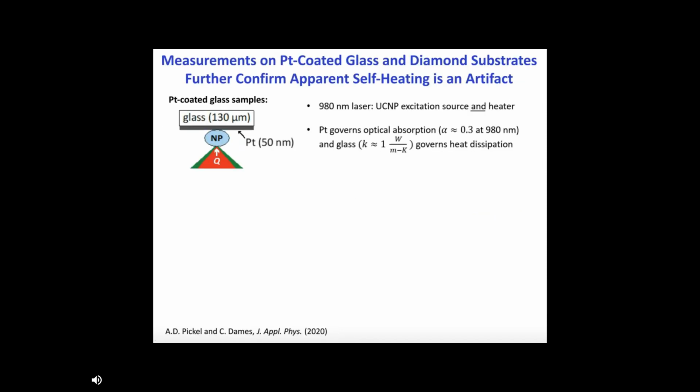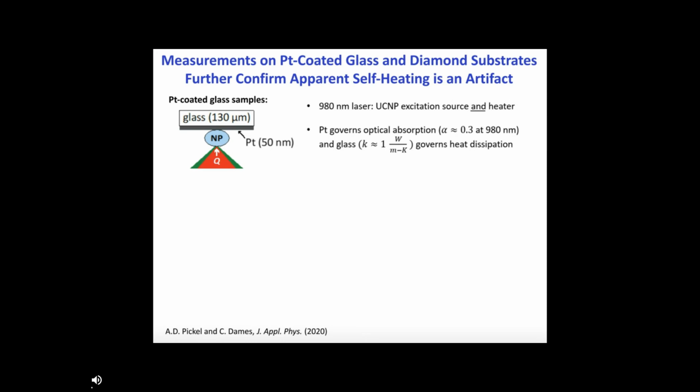Lastly, just to really confirm that this effect was truly non-thermal, we did some final experiments where we coated some glass substrates with a thin layer of platinum and then placed nanoparticles on these samples.